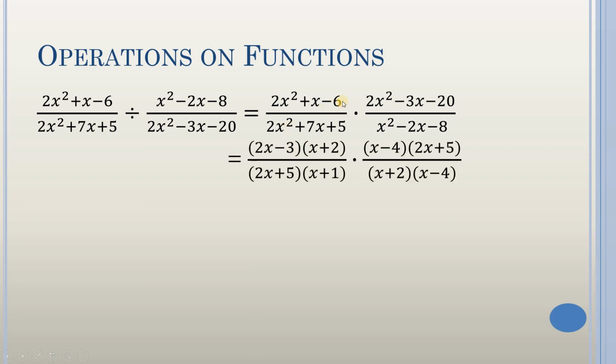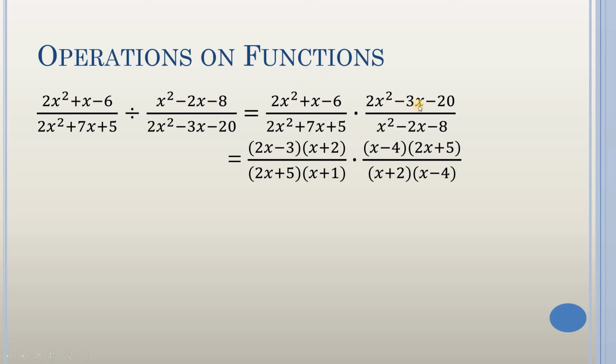Okay? Pag ginawa mo yun, babalik ka sa process of prime factors, giving the prime factors. Okay, so ang prime factors ng first numerator, 2x squared plus x minus 6, ay 2x minus 3 and x plus 2. Okay? Next, yung denominator naman ng first expression, 2x squared plus 7x plus 5, ang kanyang prime factors, 2x plus 5 quantity times x plus 1 quantity.